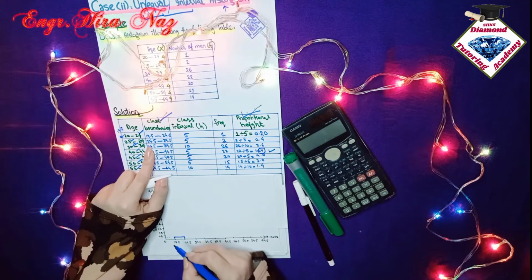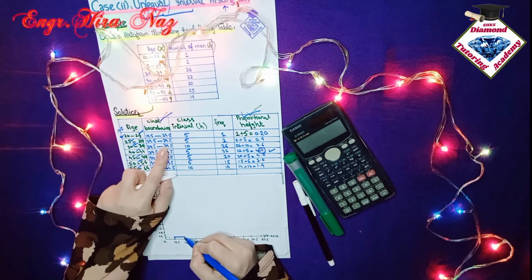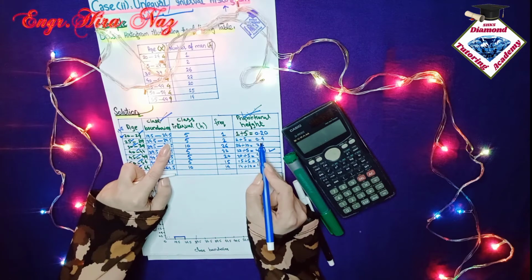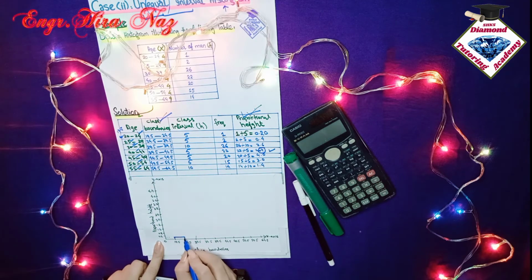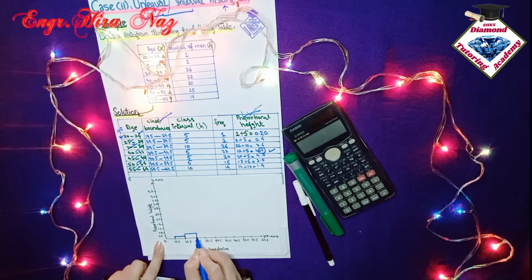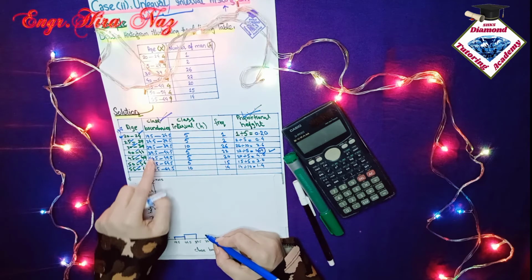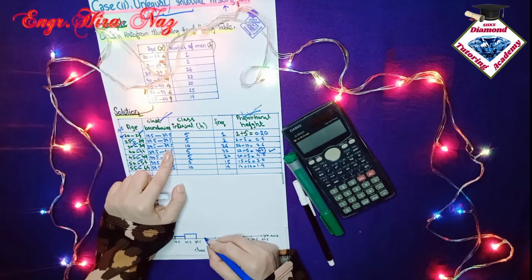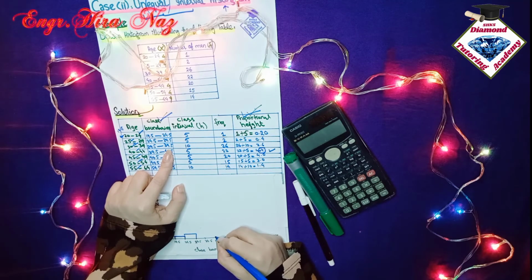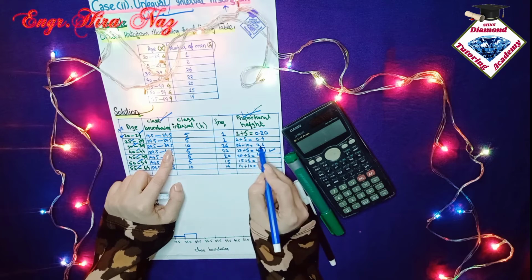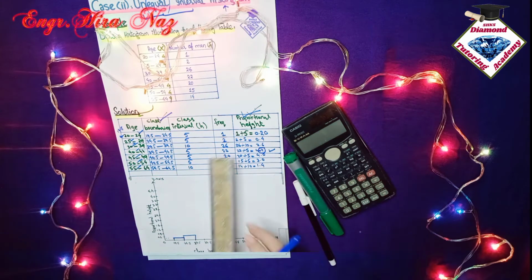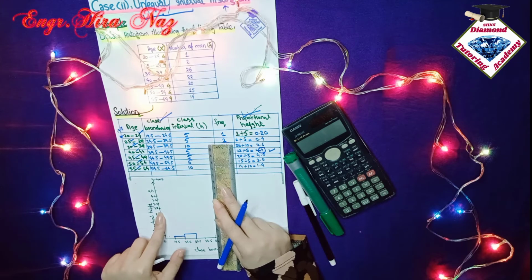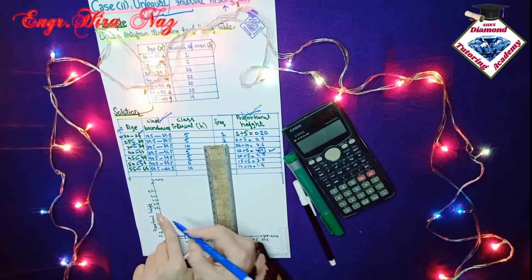Next the lower limit is 24.5 and the upper limit is 29.5, and the height for that is 0.4, which is somewhere here. Next is 29.5, the lower limit, and the upper limit is 39.5. That is here. And the height for this is 2.6, so 2.6 is somewhere here.